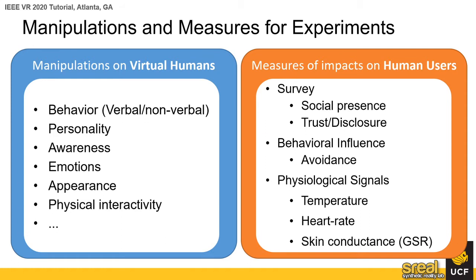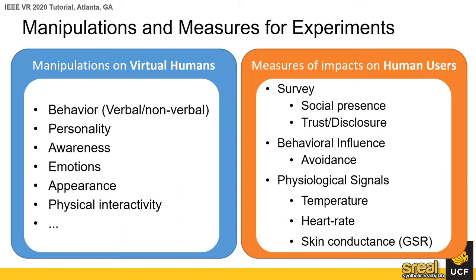To better understand the influence of the virtual humans, researchers have manipulated different aspects of virtual humans, such as verbal and nonverbal behaviors, personality, or emotions. And they use different techniques to measure the impacts on the human users.